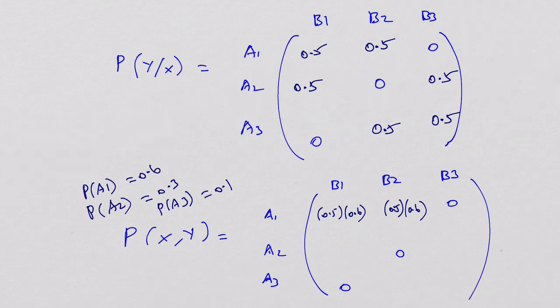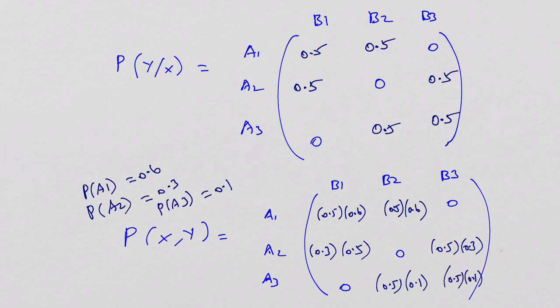Probability of A2 comma B1: A2 is 0.3 and B1 given A2 is 0.5, so 0.3 multiplied by 0.5. The last value in this row is 0.5 multiplied by 0.3, and the next row will be 0.5 multiplied by 0.1, and the next one is 0.5 multiplied by 0.1.